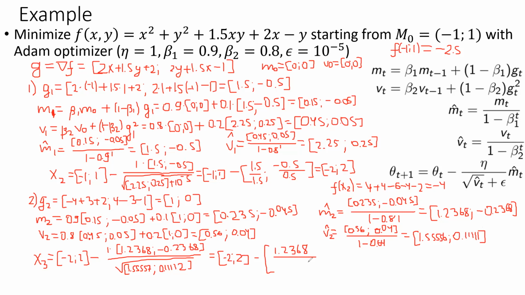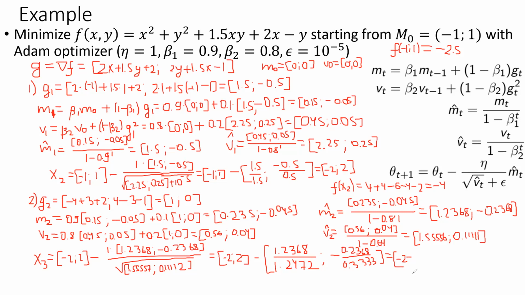So we calculate the square root, which will be 1.2472, and this fraction will be 0.99166. Negative 0.2368 divided by the square root of that, which will be 0.3333. So I will have minus 2 minus.